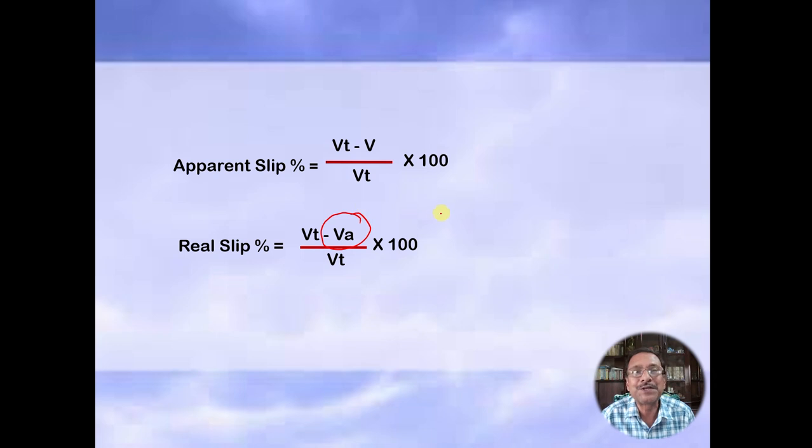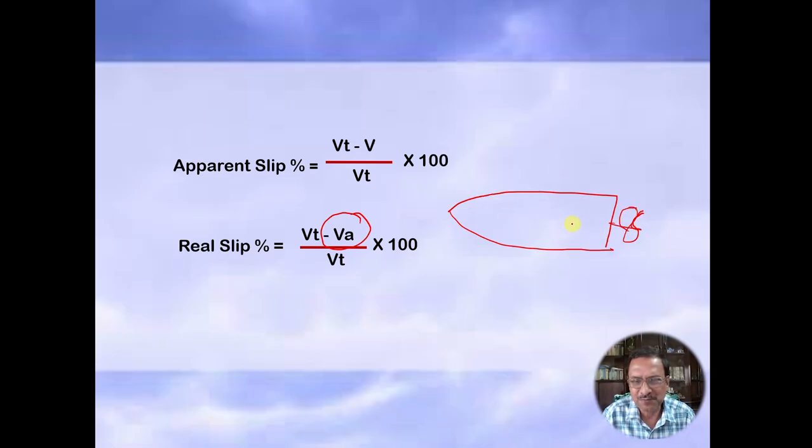Now, what is the speed of advance? Let me explain to you. Let us say this is a ship, a plan view of a ship, and this is a propeller, and the ship is moving in this direction. When the ship moves, there is a small layer of water which moves along with the hull due to the viscous drag.